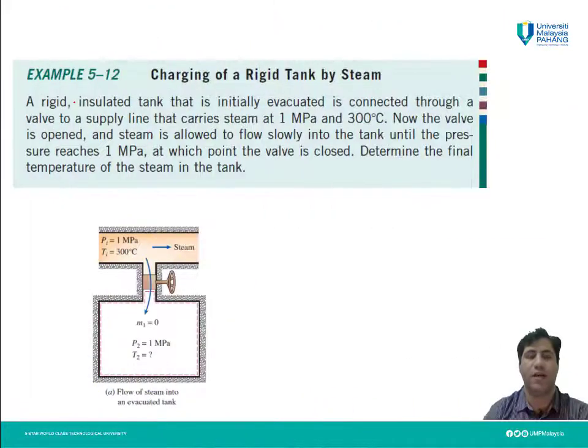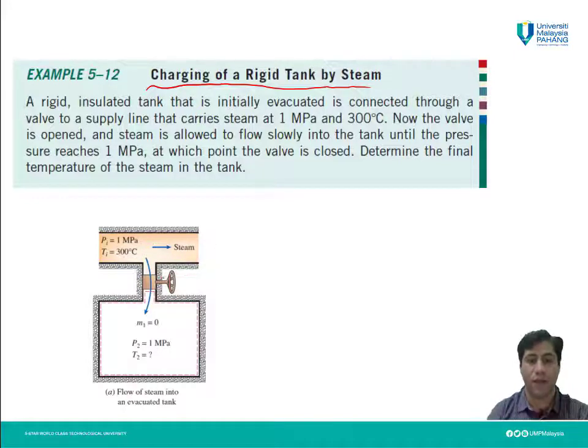Here we have an example which is related to this unsteady flow process. As I said, one type of this unsteady flow process is charging of a rigid tank by steam. Here we have a rigid tank which is connected to the charging line. Steam is flowing to this charging line.